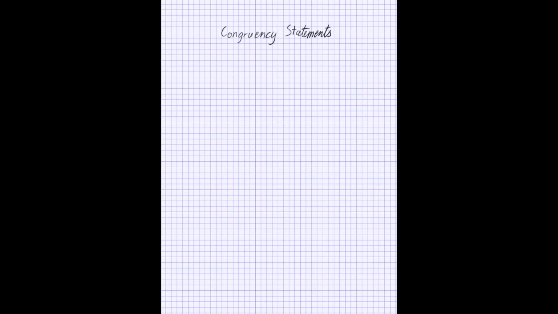Okay, so let's take a bit of a deeper look at congruency statements, or statements that we can make that tell the reader that two shapes are actually the same. So let's first consider this triangle that we have here. Tell you what, let's make that a bit neater.